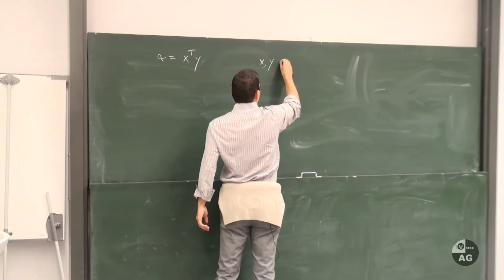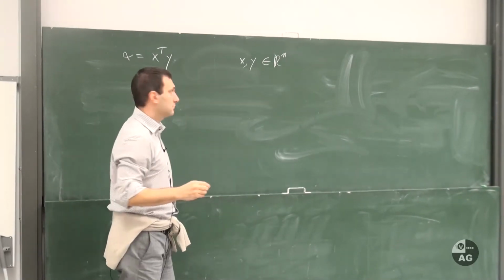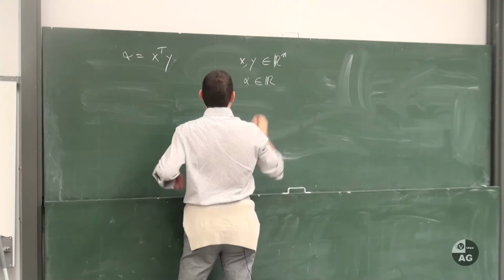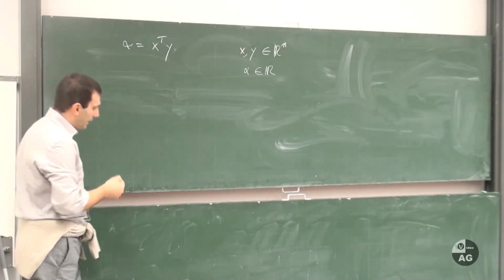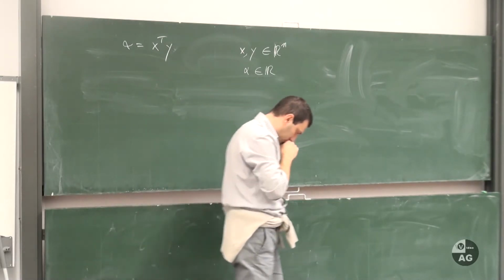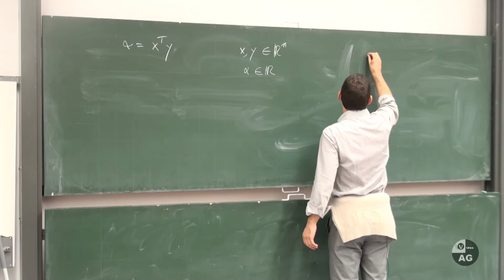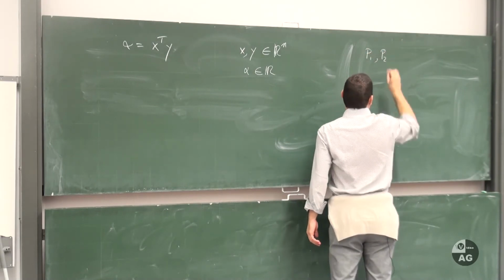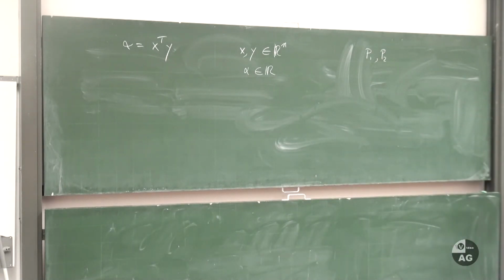X and Y are vectors. Alpha is a scalar, of course. And so let's say that we have 2 processors, P1, P2, and we need to make the problem interesting.